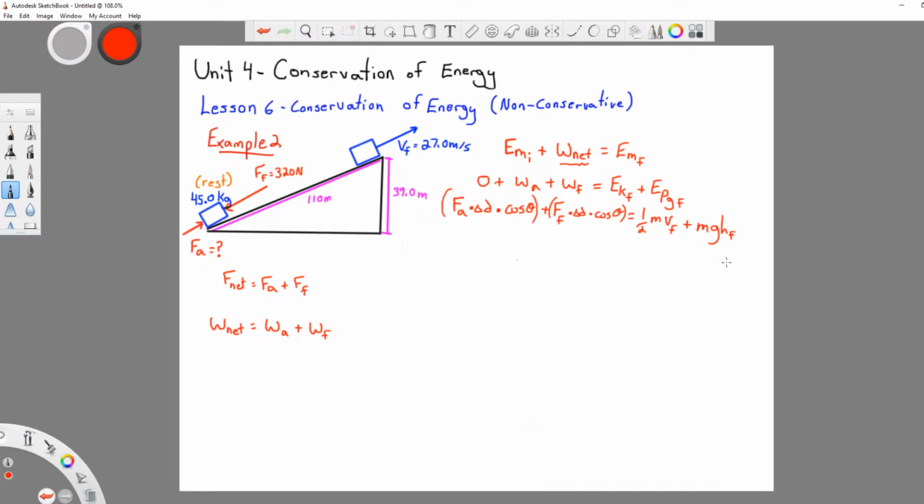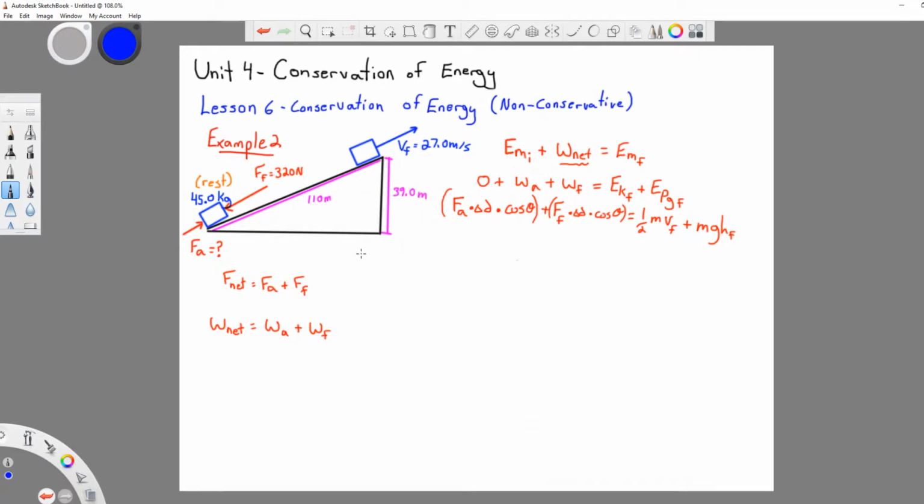Be warned that this is going to take a lot of space if you want to write it out on one line. I'm actually going to start it way over here. So, change my colors too. And let's add some numbers in here. The force applied, the very first term, is what we don't have.